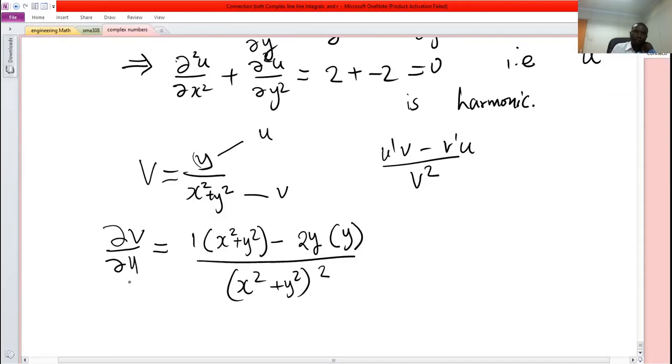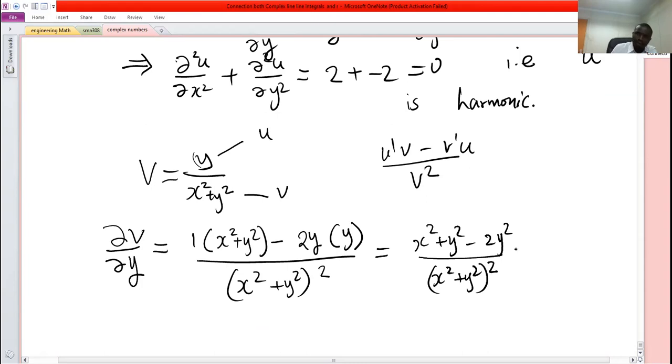So partial y, which will be x squared plus y squared minus 2y squared over x squared plus y squared, squared. So this will give me x squared minus y squared over x squared plus y squared, squared.